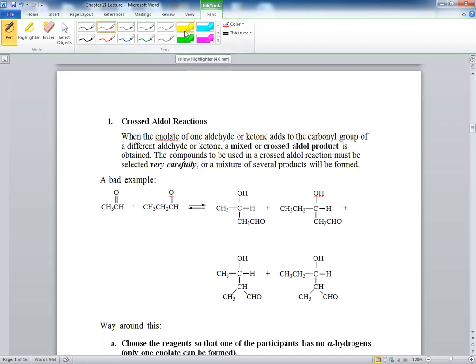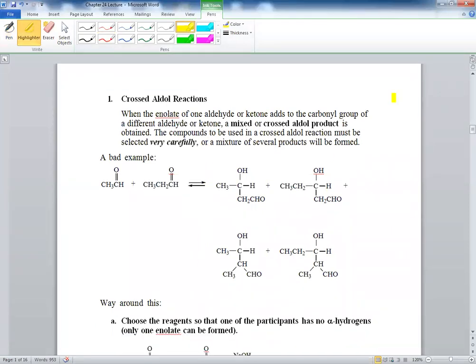We need to label them. We'll call the first one A, and we'll call the second one B. We have to distinguish between them. So how does this form?